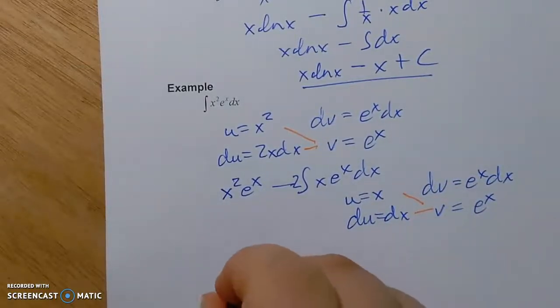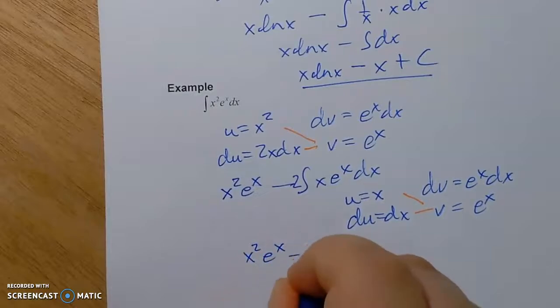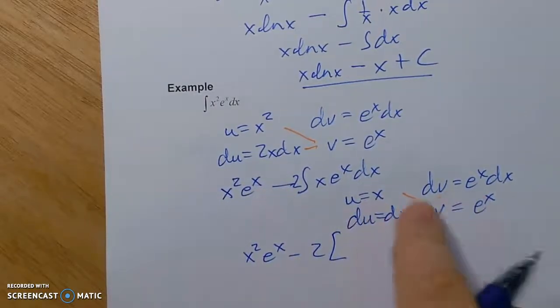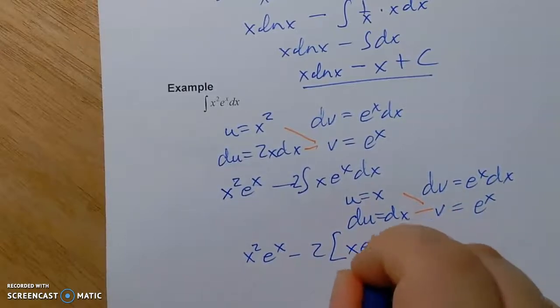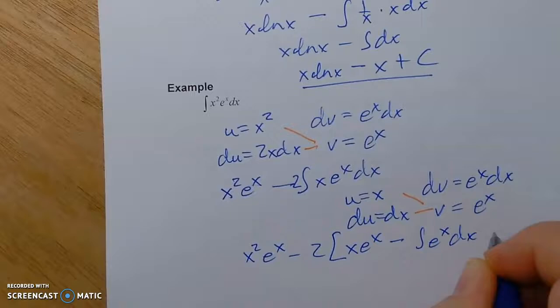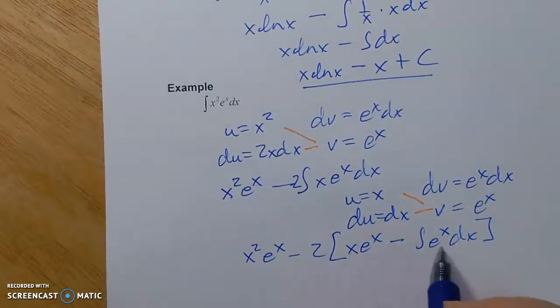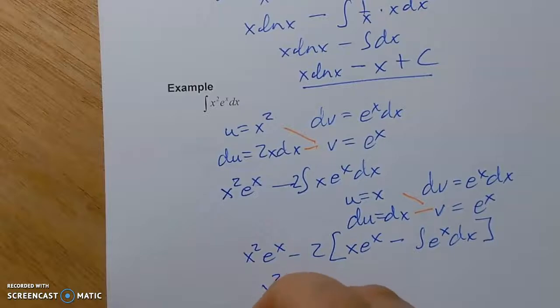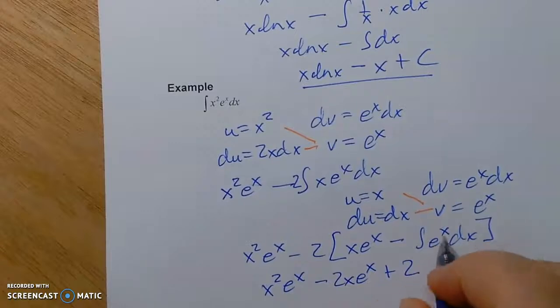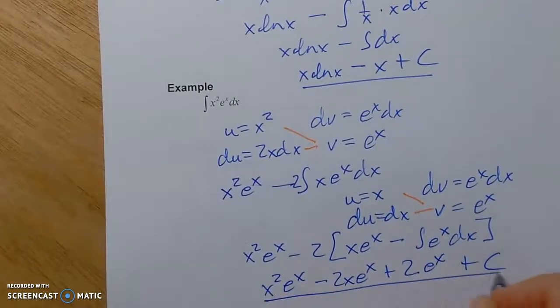So we have x squared e to the x minus 2 times, and now we're doing the integration by parts again, x times e to the x minus the integral of e to the x dx. So I'm going to distribute a negative 2 as I go along here, simplifying. We have x squared e to the x minus 2x e to the x plus 2. Now the integral of e to the x is e to the x, and we get a plus c at the very end.